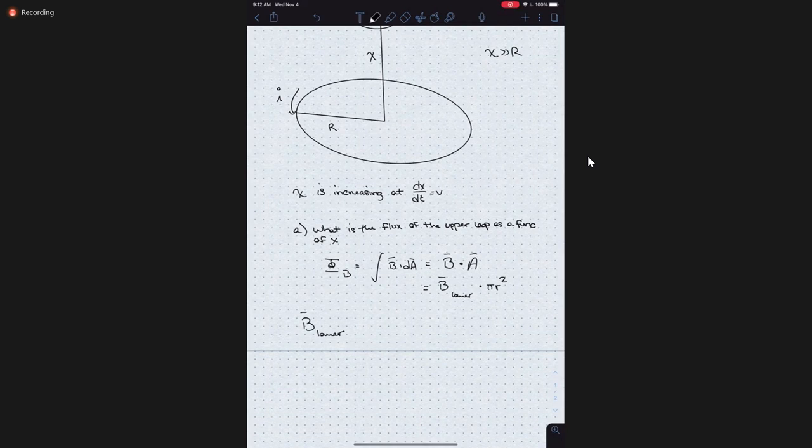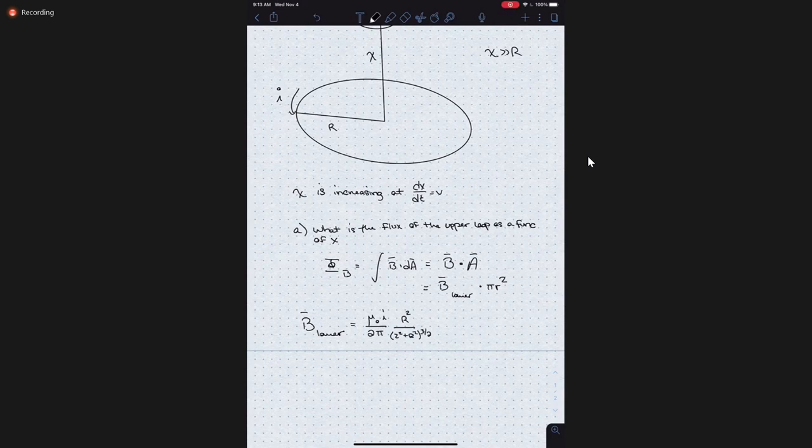So we did this in an earlier problem, right? If you just have a loop of current and you're trying to find the magnetic field at some distance z away from the center, this is equal to mu naught I over 2 pi, and then we have r squared over z squared plus r squared to the 3/2.